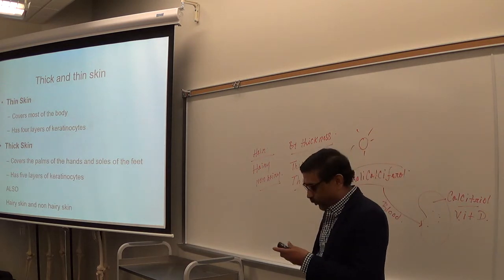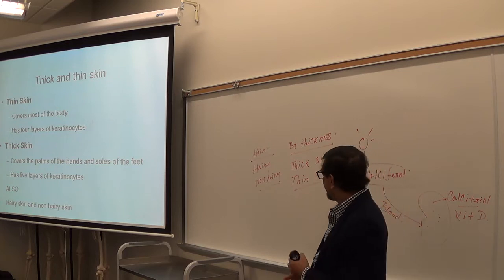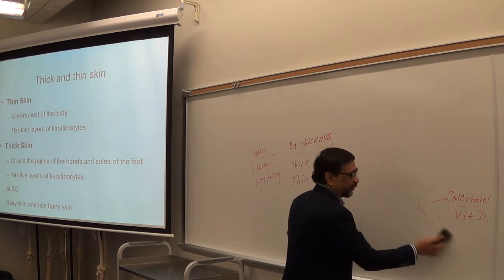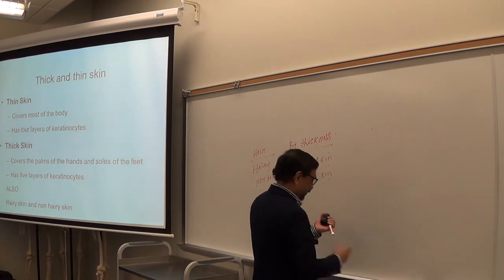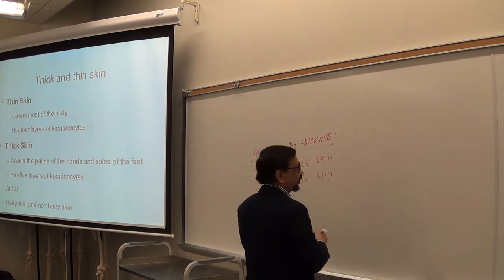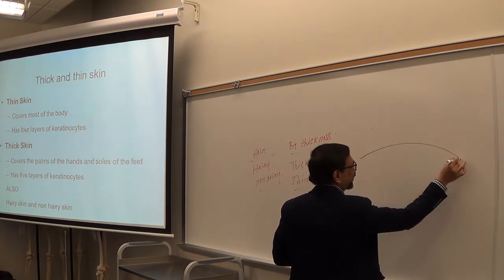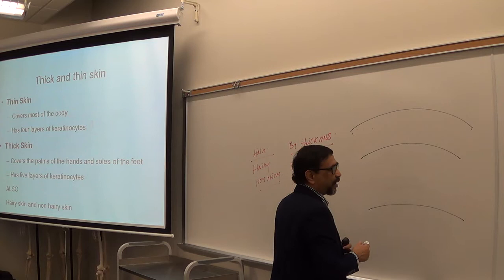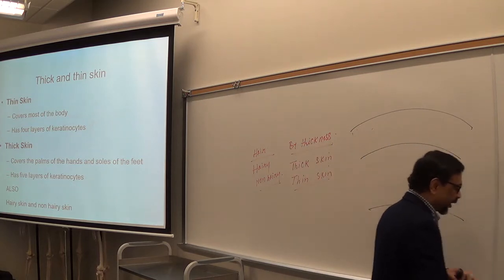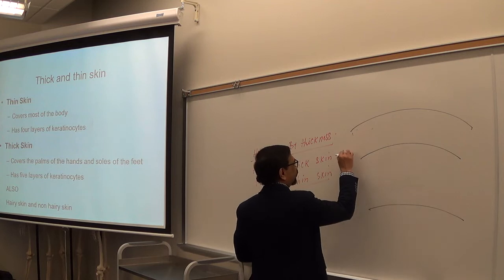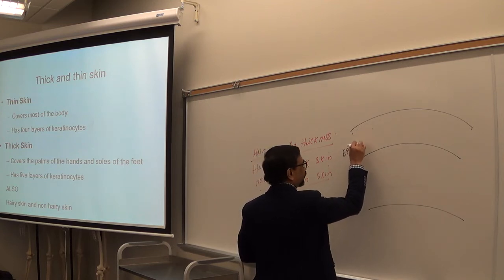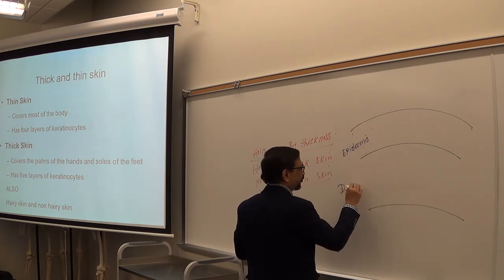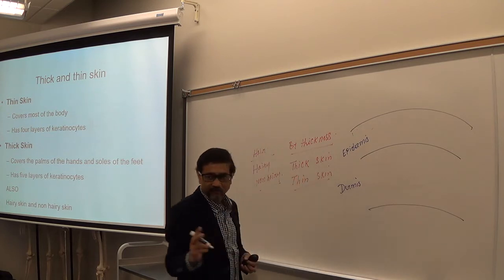So the main difference between the thick and thin skin is in the structure. First, the skin has two layers. Outer layer is called the epidermis, and inner layer is called the dermis. So skin has how many layers? Two.